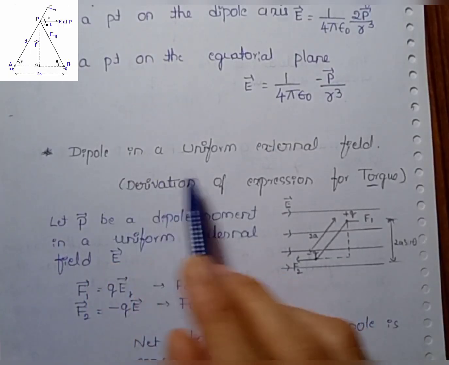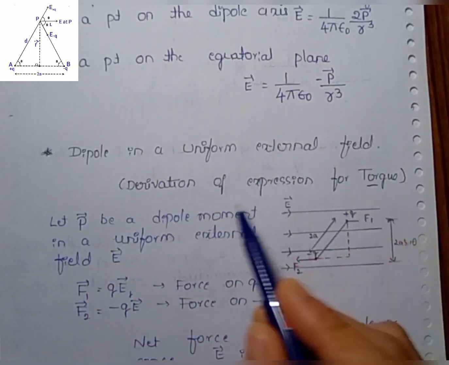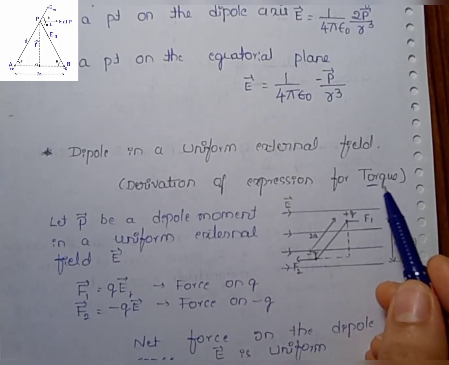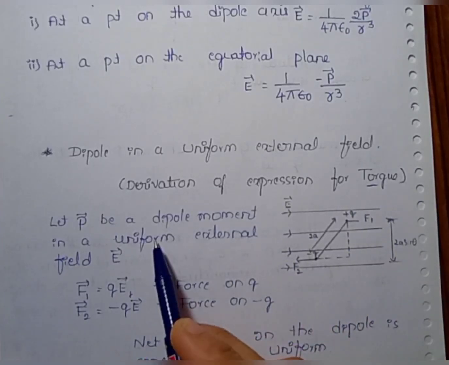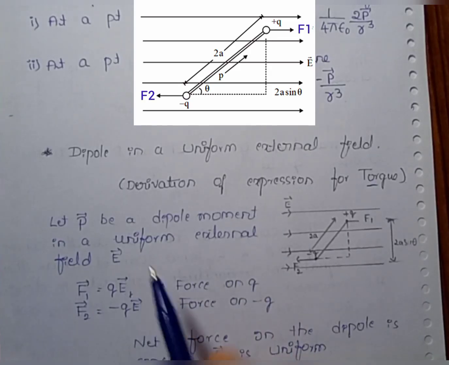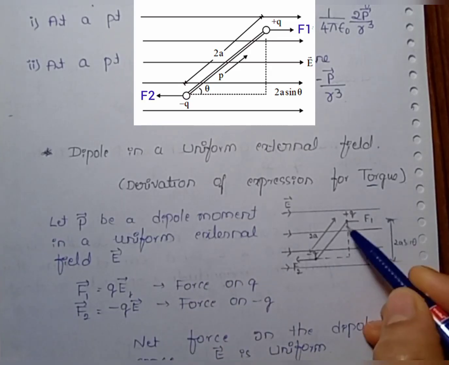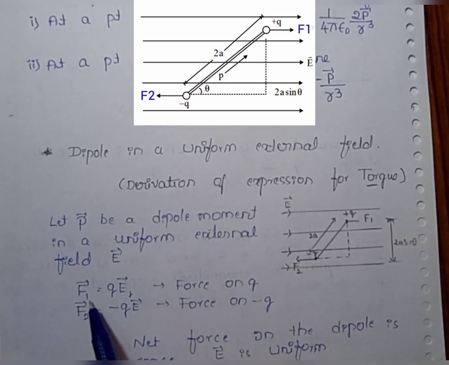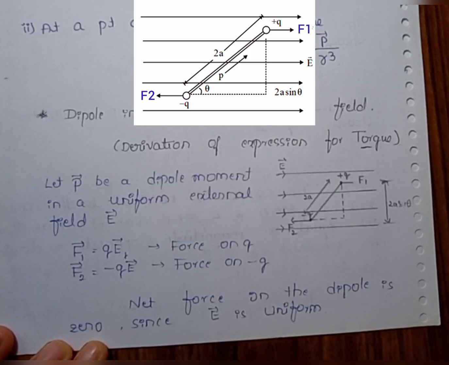Next concept, it is dipole in a uniform external field. That one is the derivation for the expression for the torque. Here P be a dipole moment which is in a uniform external field, that is E. Force on plus Q can be written as F1 is equal to Q into E. Force on minus Q can be taken as F2 is equal to minus Q into E. Here the net force on the dipole is 0 because the external field E is uniform.